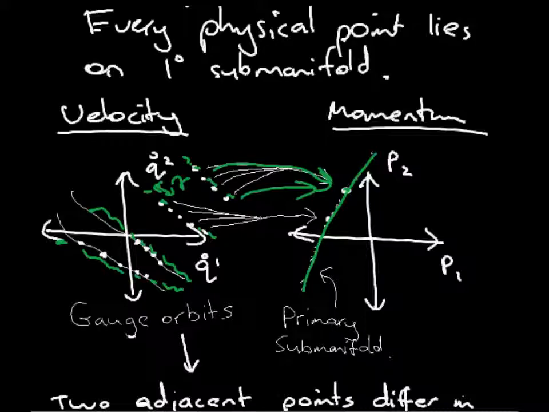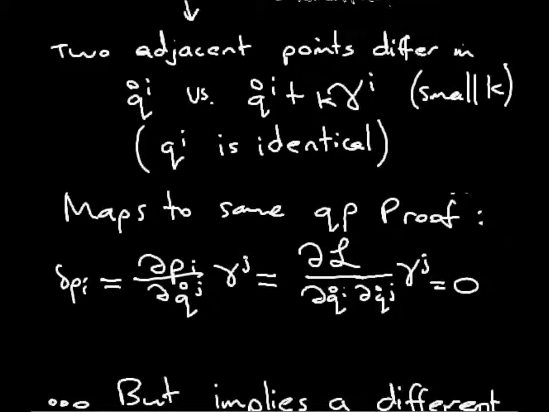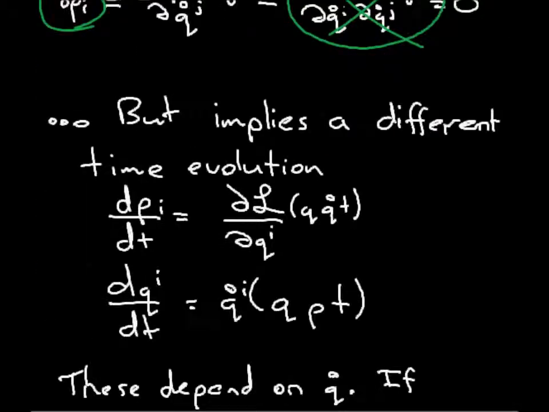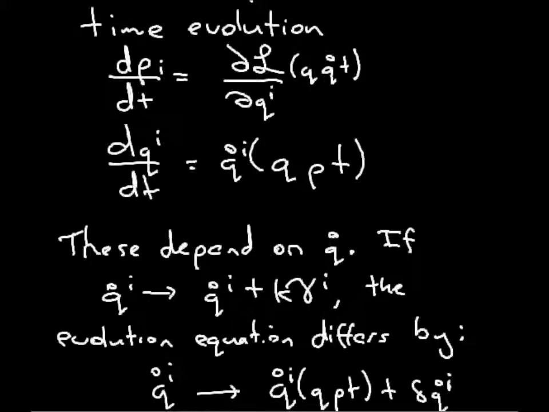Alright, let's check. What's the change in p, defined as dL/dq dot? Well, it's the second derivative of L with respect to q dot, times a change in q dot. The Hessian times gamma equals 0, by definition of gamma. How do the p's and q's evolve with time? Well, in the regular case, q dot as a function of q and p tells us how q evolves, while Euler-Lagrange tells us p evolves as dL/dq, which depends on q dot, and t.